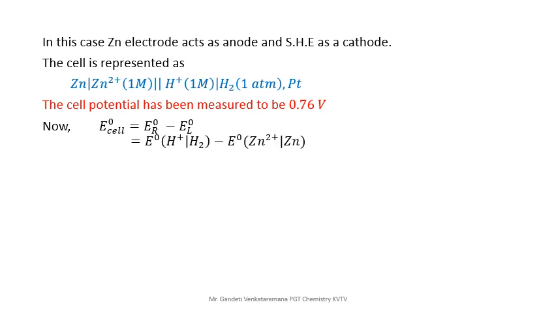This R represents the right hand part, meaning the reduction area. So E naught of the H plus to the H2 minus E naught of the left hand side.